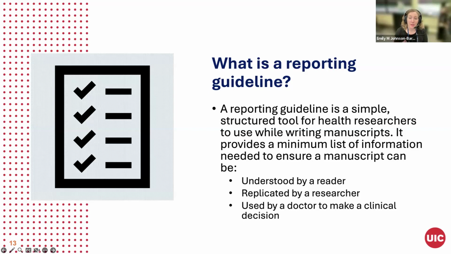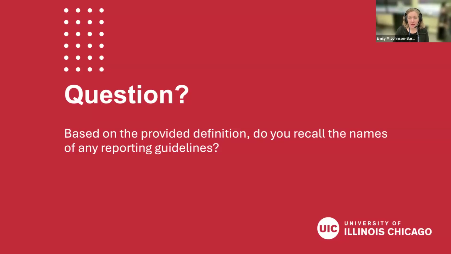So when you are presenting a reporting guideline, it needs to be a clear list of reporting items that should appear in the paper, as well as explain how that list was developed. So with that definition, in the chat, do you recall any names of reporting guidelines that you have encountered?